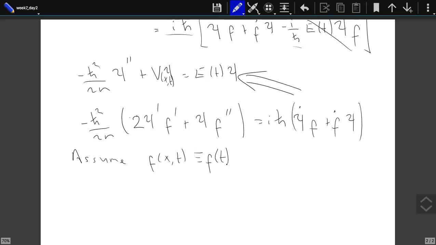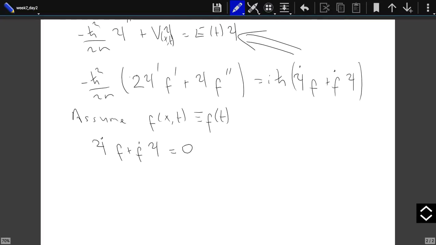But this tells me that psi dot f plus f dot psi should be equal to 0. And remember, psi is equal to square root of 2 over omega of t, sine of n pi x over omega of t.